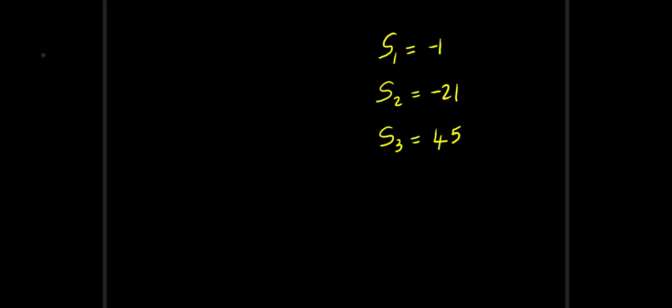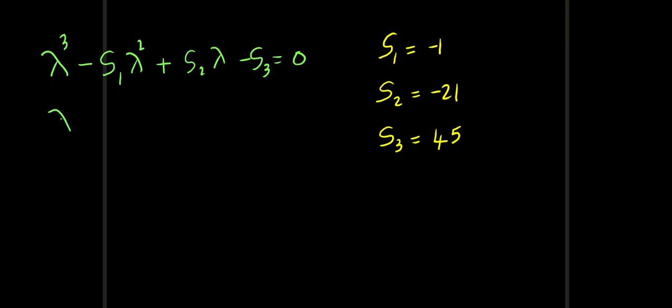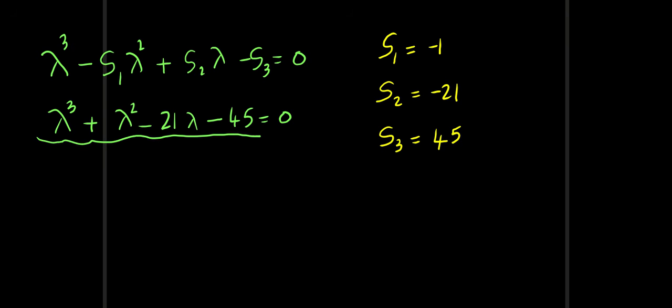Now the characteristic equation is lambda cube minus S1 lambda square plus S2 lambda minus S3 is equal to 0. And that is lambda cube plus lambda square minus 21 lambda minus 45 is equal to 0.